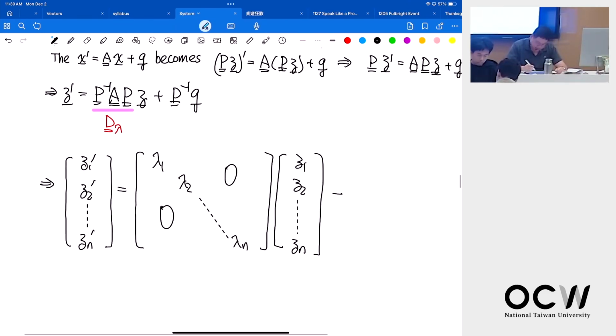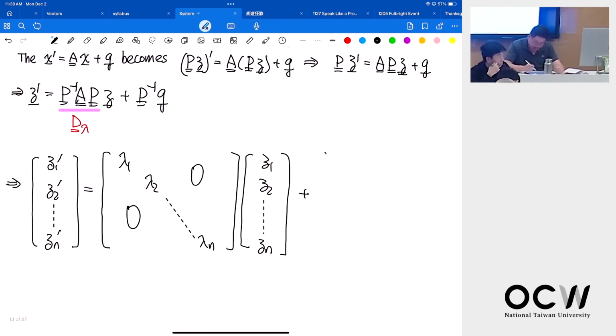This is equal to, well, P inverse g, let's say it's F, F1, F2 to Fn.